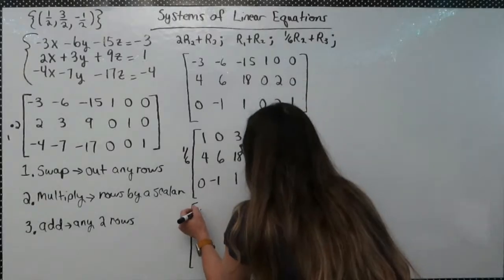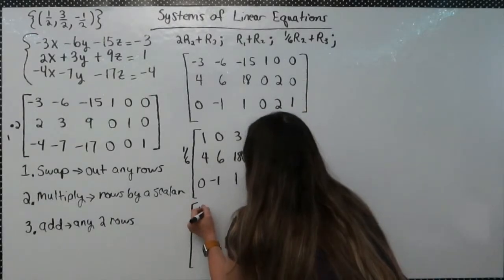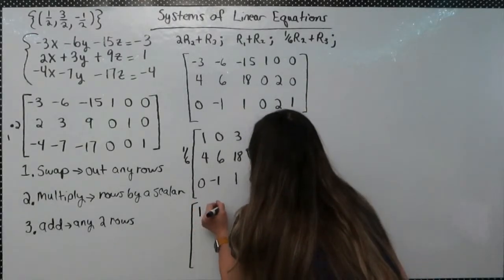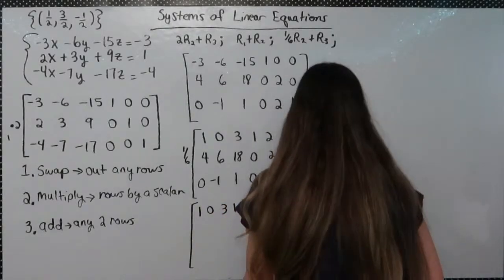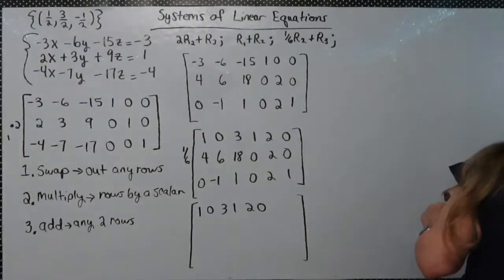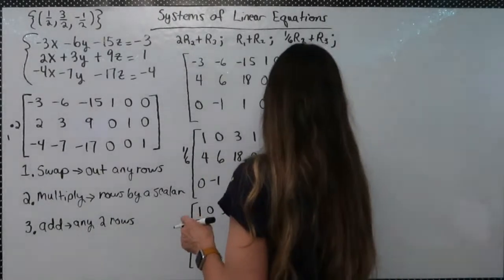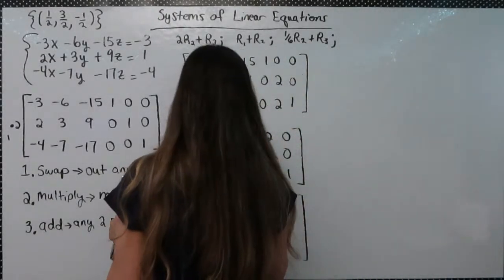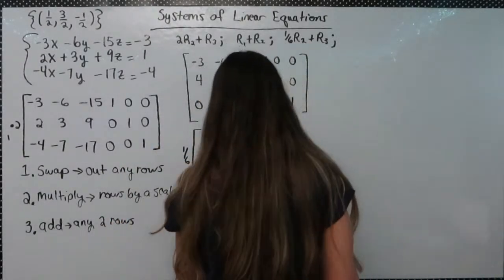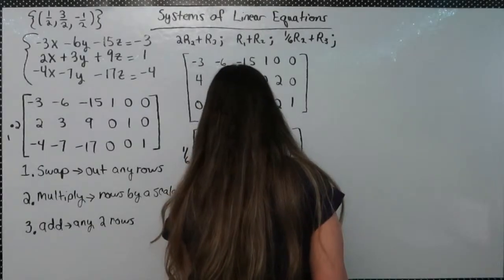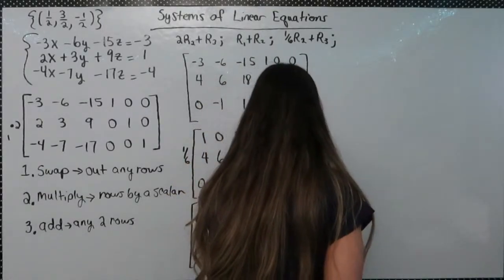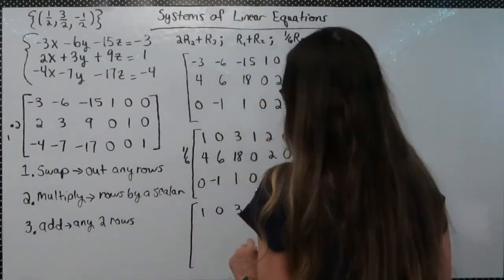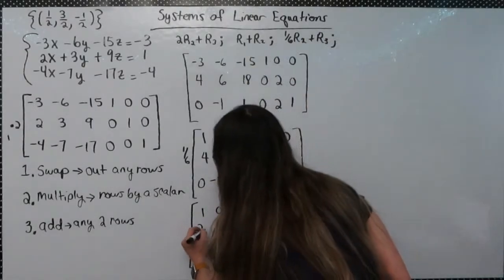So we'll go ahead and write that first row, 1, 0, 3, 1, 2, 0. And let me do a little bit better job. 1, 0, 3, 1, 2, 0. And I've got 2/3.